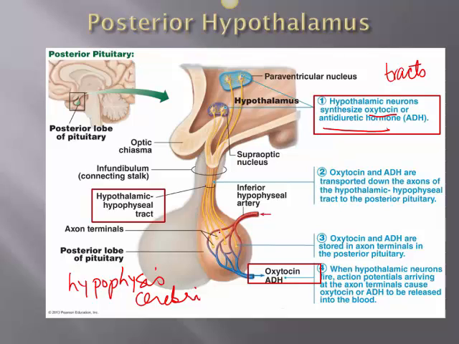Then when the body needs oxytocin and ADH, the posterior pituitary releases it into the bloodstream, because that's what hormones do, right? They get released into the bloodstream. And then oxytocin and ADH will go and act on their target tissues. ADH acts on the kidney tubules, oxytocin acts on the uterus and the mammary gland. Followed? Okay?